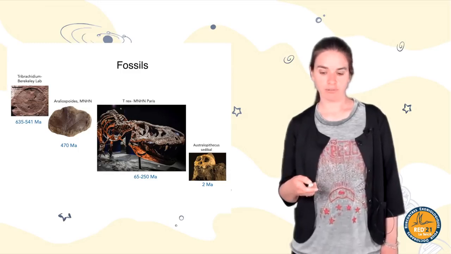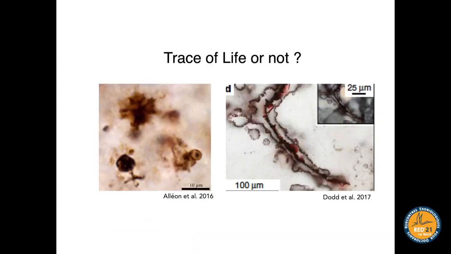But what is the question of the Precambrian? The Precambrian is complicated, and this is an example from two papers that both claim that it was a trace of life. And you can see that we are not at all on the same scale.